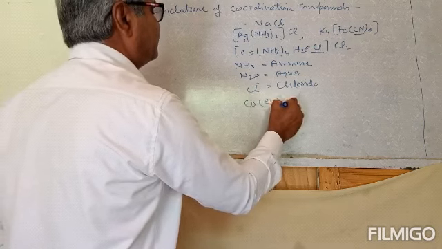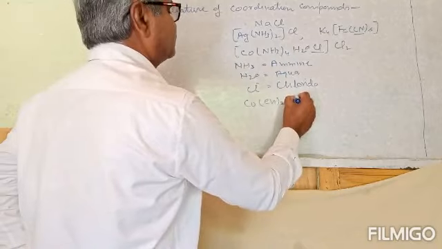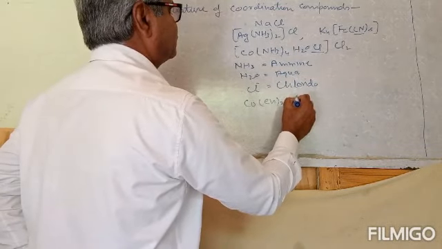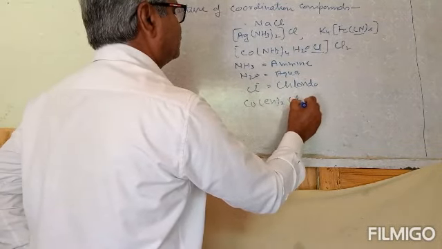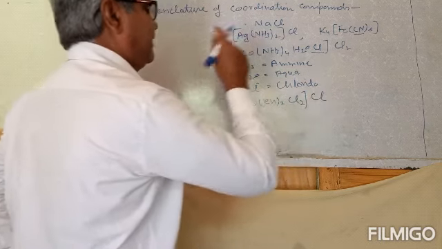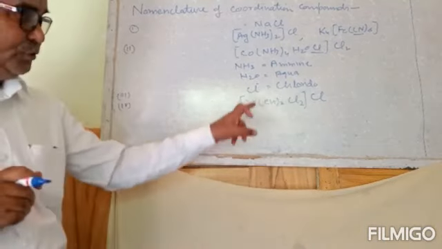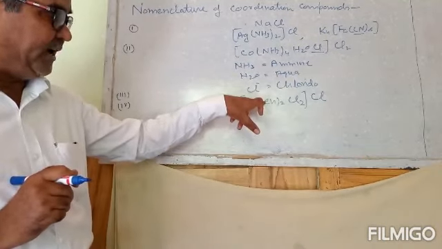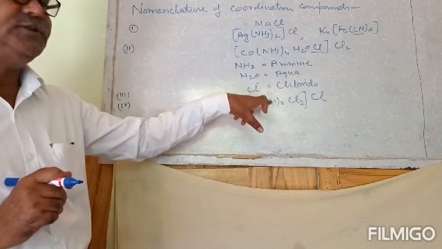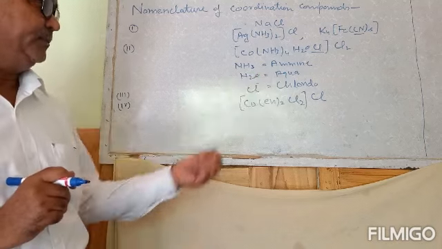[Co(en)2Cl2]Cl. This is the compound. So you know that en is the abbreviation of ethane 1,2-diamine. I have told you in the previous video.